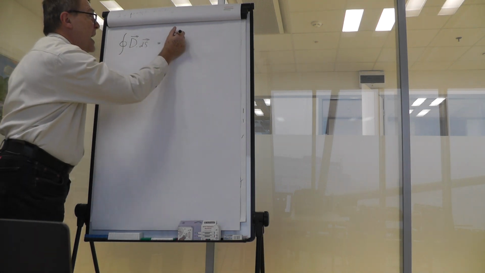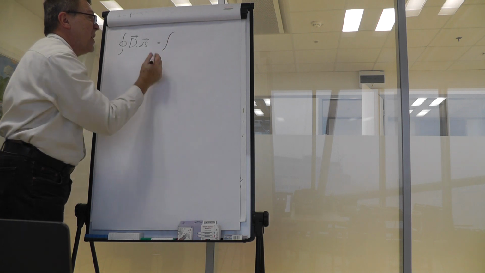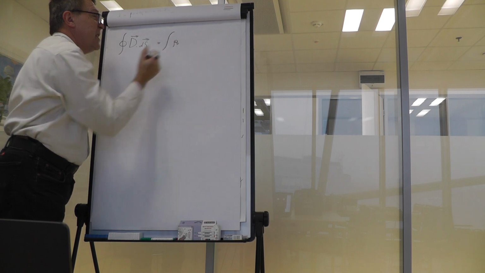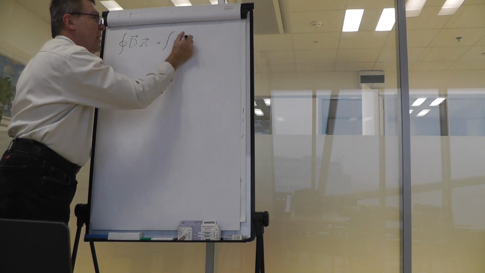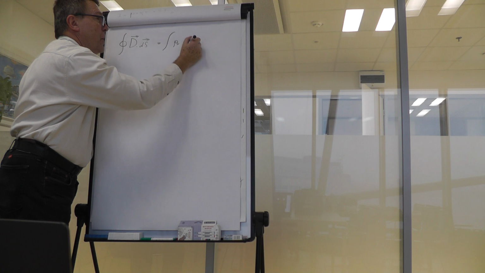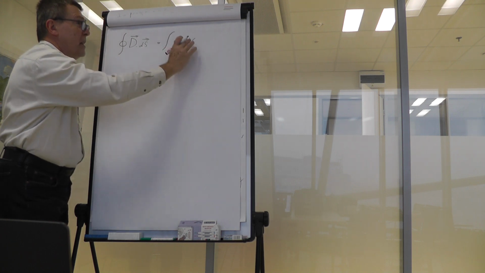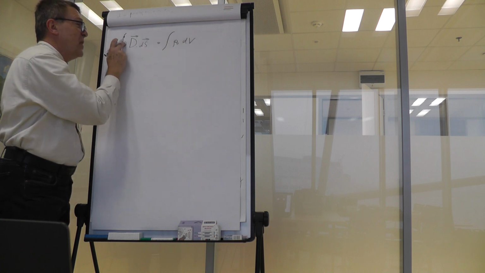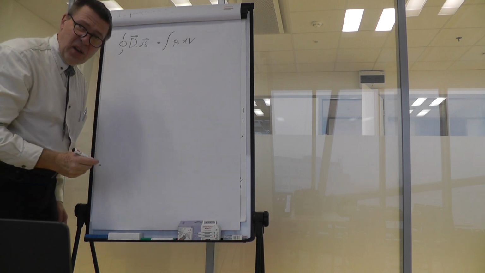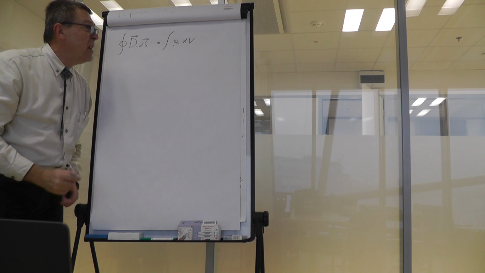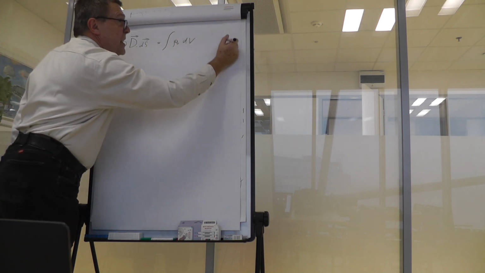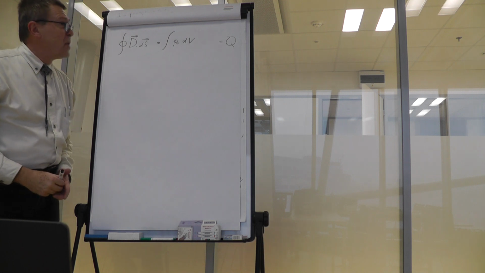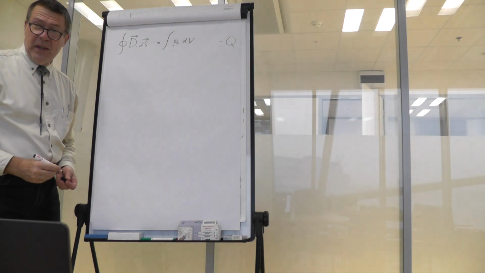So it gives you an integral of the charge density over the volume, and this volume is contained inside this closed surface. We already know this from the Gauss law. So this is one of the Maxwell equations.